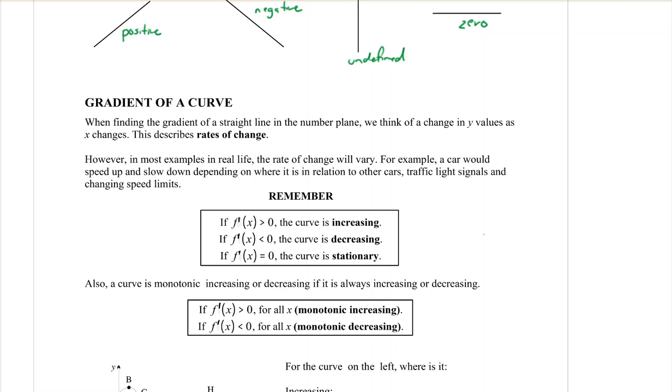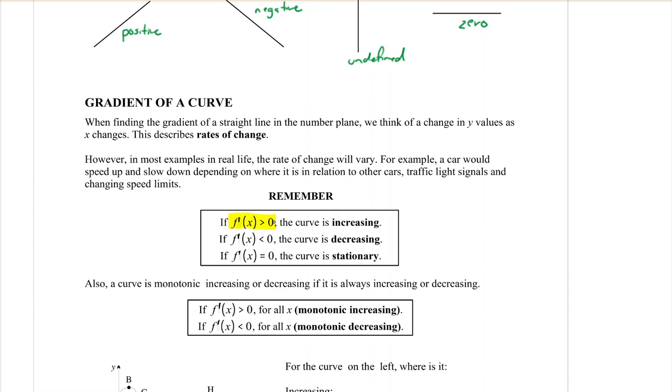So for curves, if we are trying to find where a gradient is increasing, that means where the gradient is positive or greater than 0. So remember our notation: if we have a function f of x, when I differentiate it, it becomes f dash x.